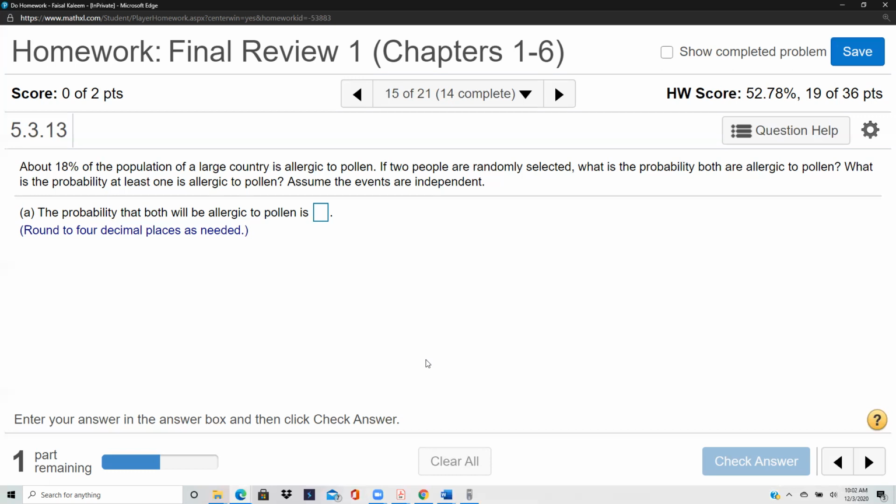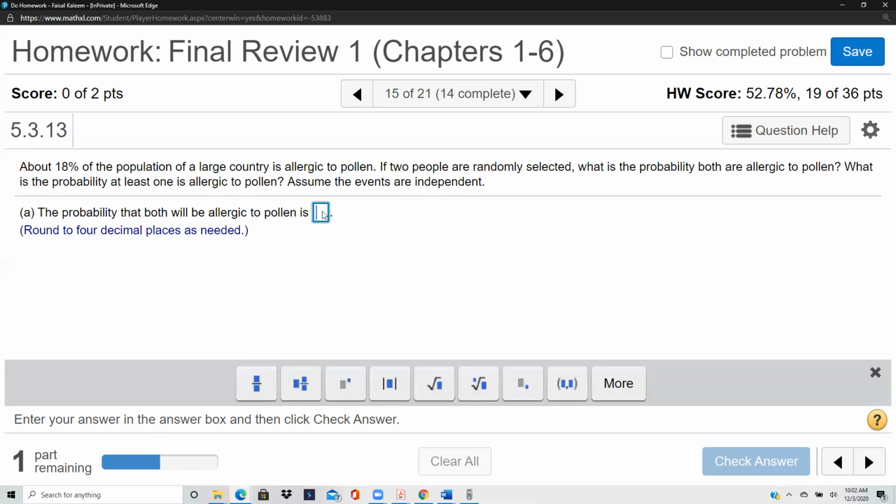But first, let me remind you how we used to do this before. So we said that 18% is the probability of being allergic, right? So one person being allergic is 0.18. How many do we have? 2. And then the second person also being allergic is 0.18, and "and" means multiplication.